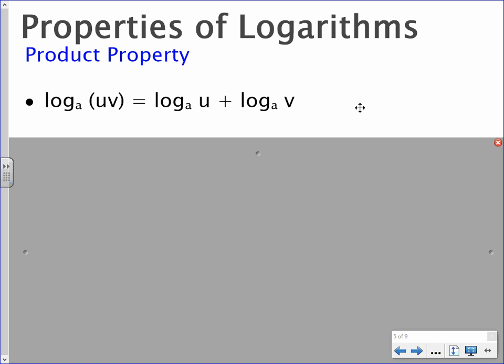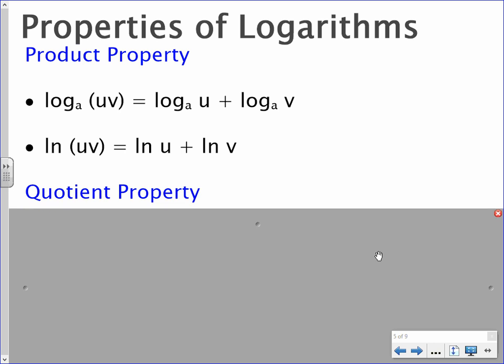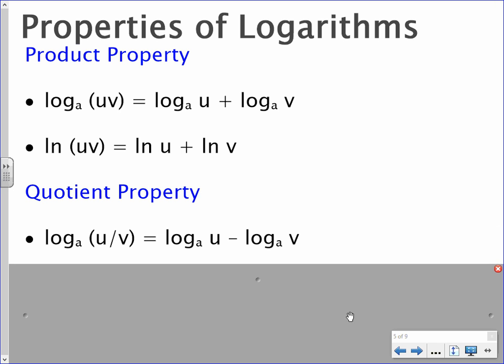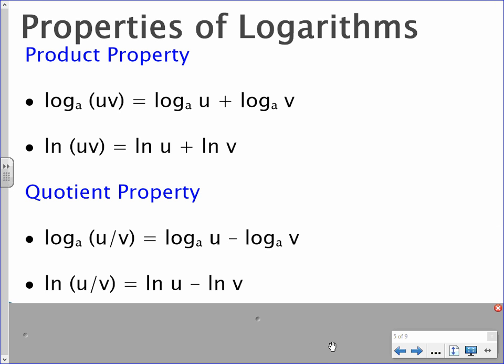If there is division inside of our logarithms, then we can break our logarithms apart by using subtraction. Don't feel like you have to write both of those down. Just understand that these work for any base of logarithm, whether it's log base a or log base e.